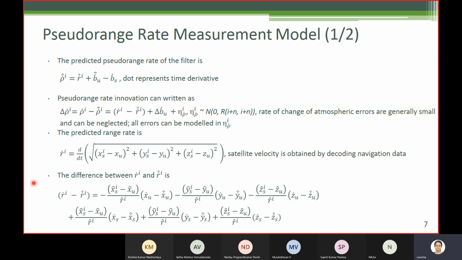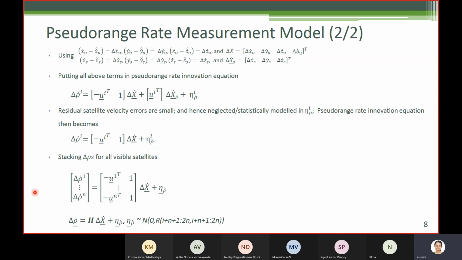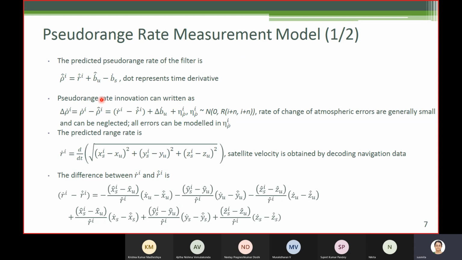You just need to do it on your own, and you will find that you will get this expression. Following the same method as before, we can put it in this form. We have delta x s dot, the satellite velocity error. It is small, and it can be statistically modeled in eta. So finally we get this one. Again here also we will get u, because we again have the same components.